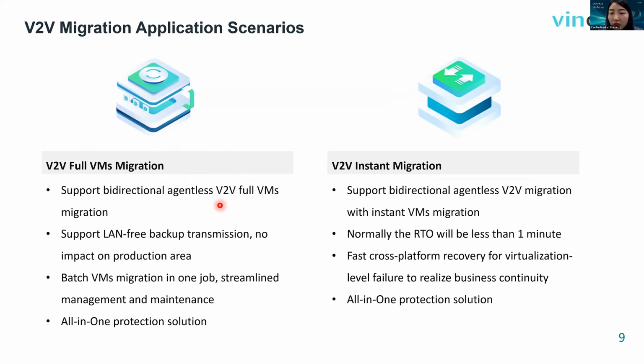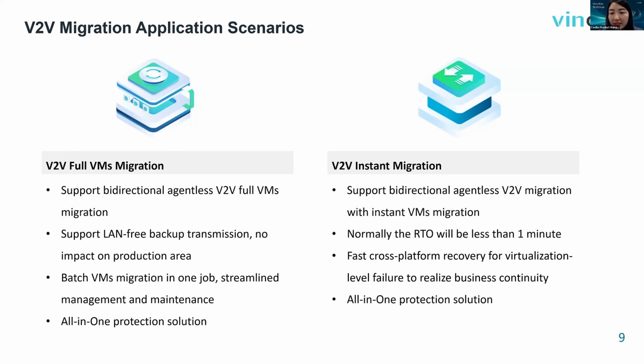Vinchin is devoted to providing users with effortless cross-platform migration. We use a batch and automated migration process, helping you smoothly complete the entire virtualization transformation without any manual attendance.